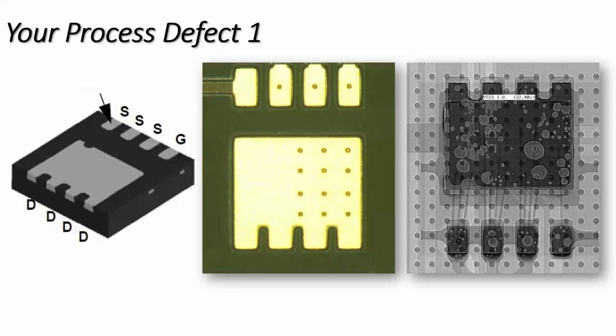A customer was assembling this bottom termination device, and the center image illustrates the footprint on the PCB the company is assembling. If you then look over to the right-hand side, he's illustrated to me the voids and void contact.